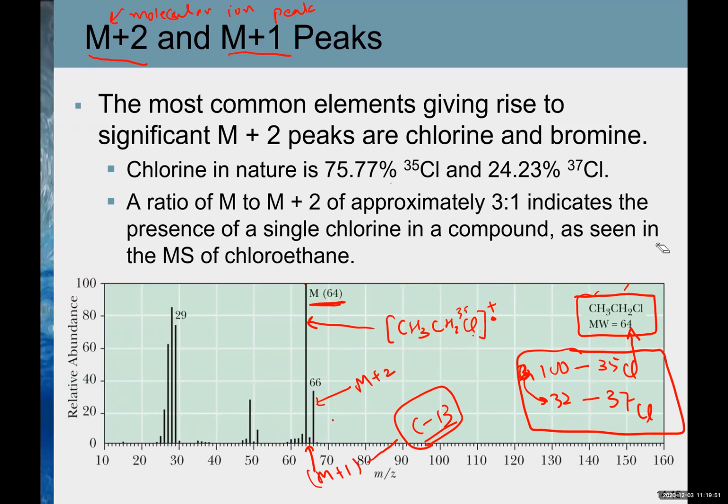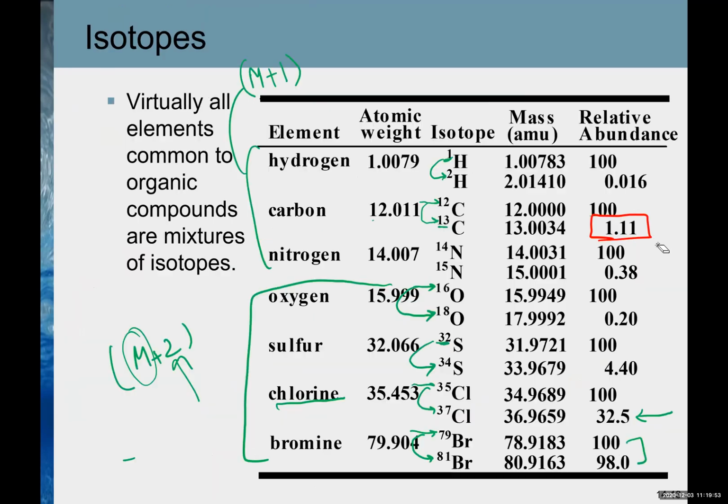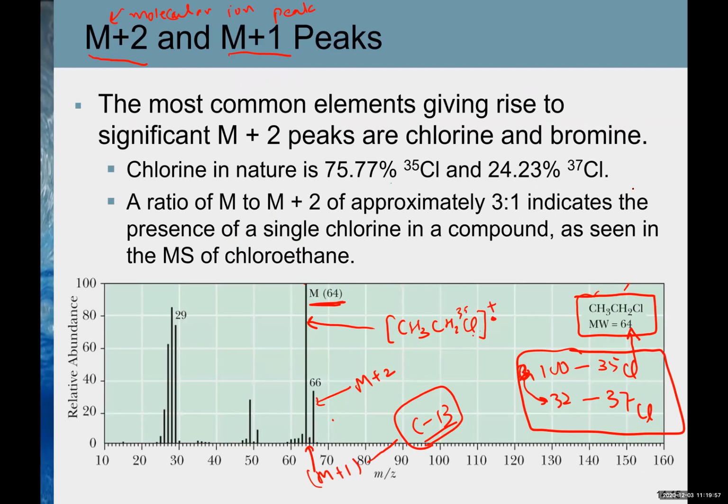Now hydrogen can also get replaced, but the chance of hydrogen getting replaced is so small that the peak will be so small we won't be able to see it. Both carbons and both chlorines can also be replaced, but when we look at the percentages together, the chances are so small that it won't be visible.